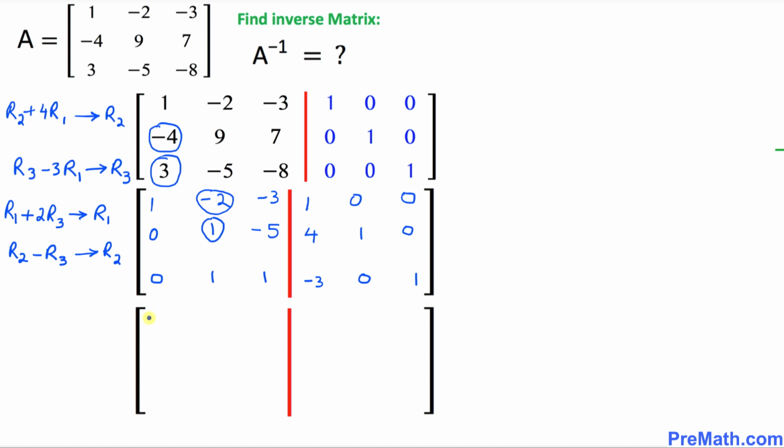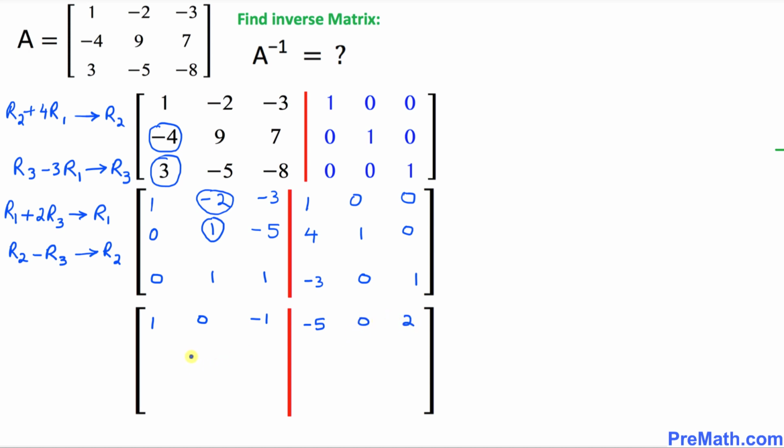Our first row is going to become 1, 0, -1, and on the other side that is going to become -5, 0, 2.